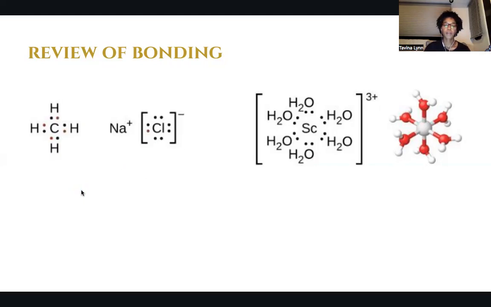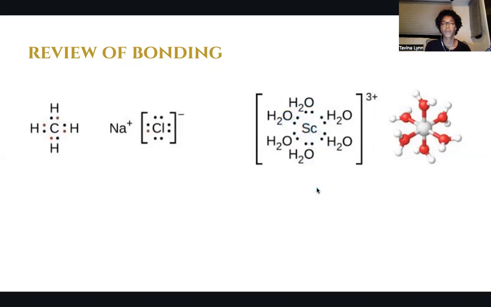Now remember, with coordination compounds, we form what's called a coordinate covalent bond, where the Lewis base donates an electron pair, both electrons, to the Lewis acid. So in this example, our water molecules behave as a Lewis base, and each of them donate an electron pair to the Lewis acid, which is this metal ion scandium.